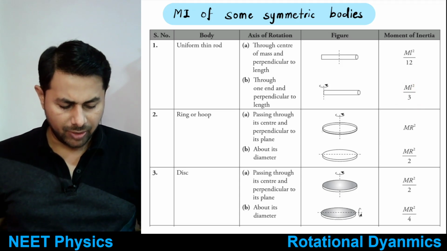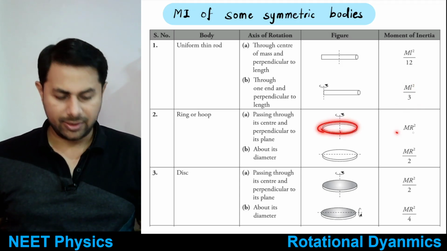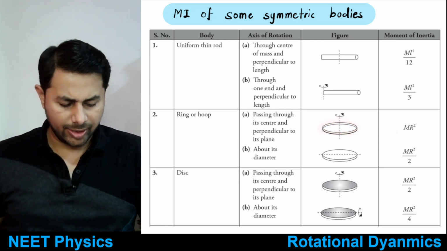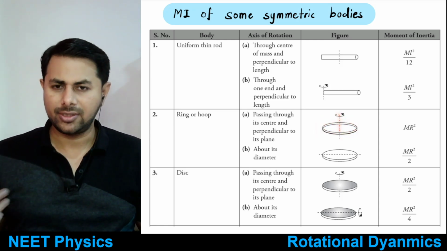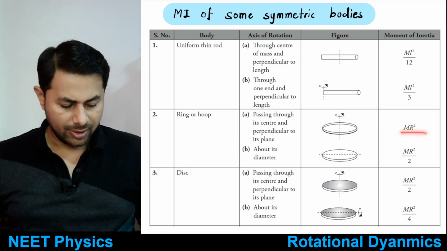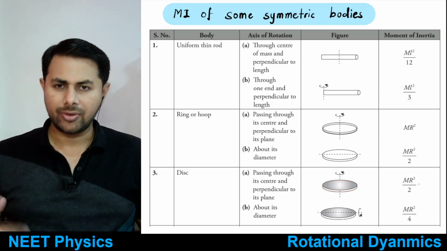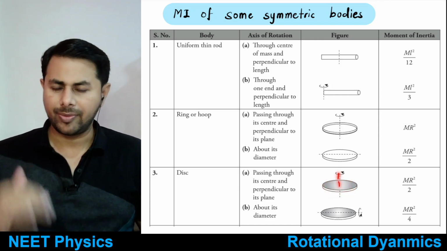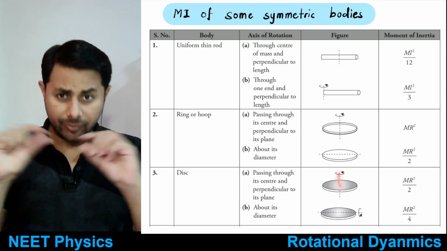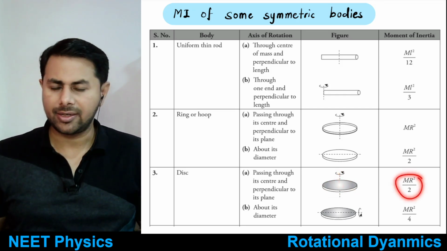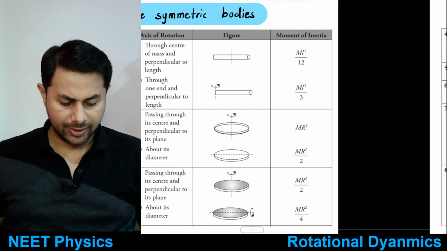Then for a ring or a hoop, moment of inertia about an axis passing through the center is mr square. For a disk, about an axis which passes through its center perpendicular to its plane, it is mr square divided by 2, right?